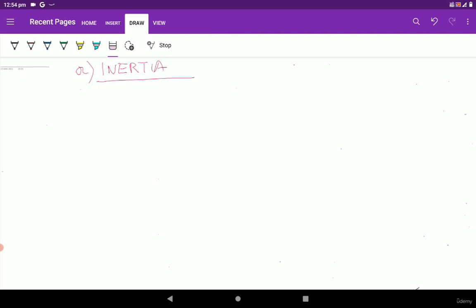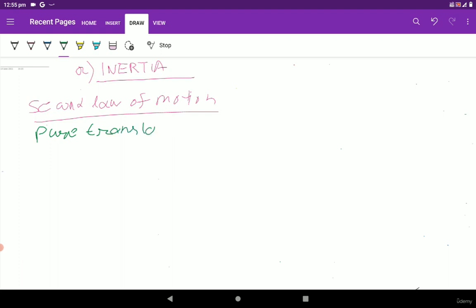Second law of motion. So there are two cases. First one is pure translation, and second case is pure rotation.